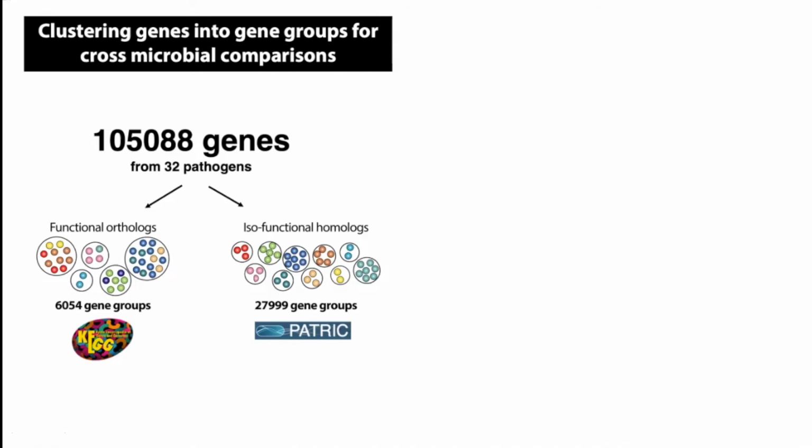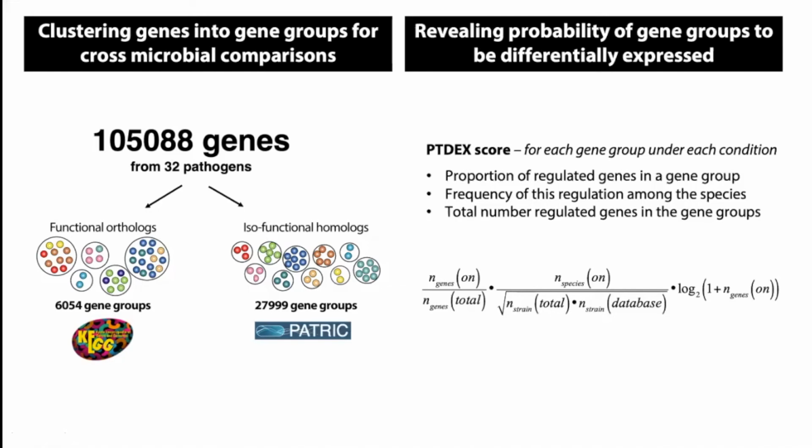Then it was time to find out the probability of a gene group to be differentially expressed in a certain stress condition. To assign that score, we looked at the proportion of regulated genes in each group, the frequency of dysregulation among all species we have, the 32 species, and the number of regulated genes in the group.